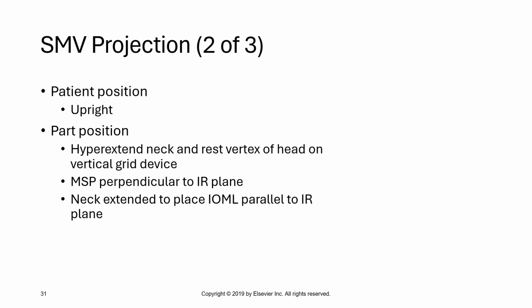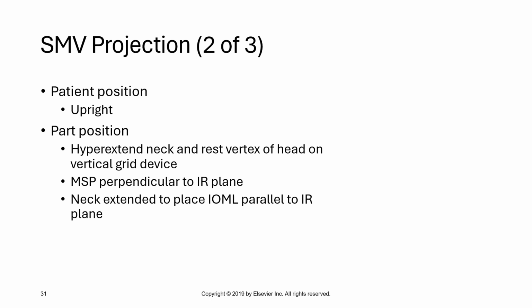Most of your patients are not going to get all the way there. Continue to shoot for a sinus SMV with a horizontal central ray. Do not adjust the angle to compensate for a lack of hyperextension on this version of the SMV.